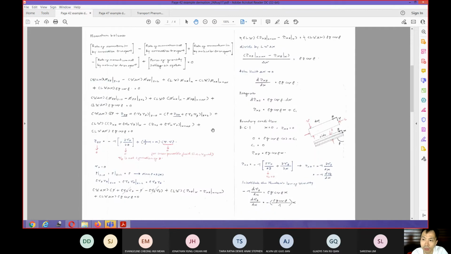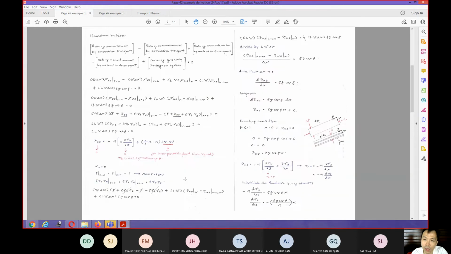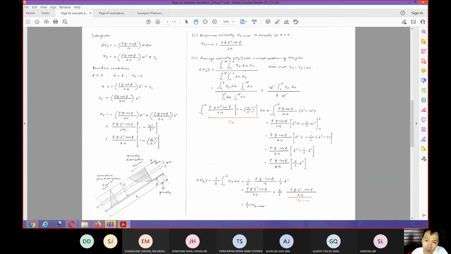So now your velocity at this particular position may be different from the velocity at another position. In the original problem, we assumed that all the physical properties are constant.